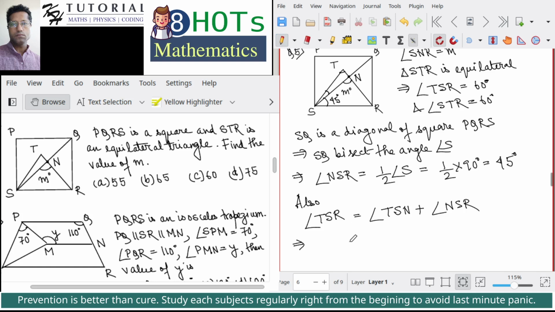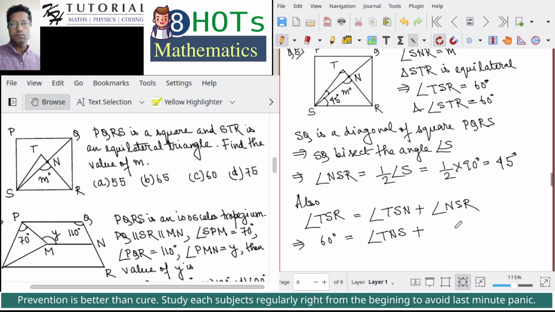In the triangle TSR, angle TSR is equal to angle TSN plus angle NSR. TSR is 60 degrees, so 60 degrees is equal to angle TSN, the smaller angle we are trying to find, plus angle NSR.